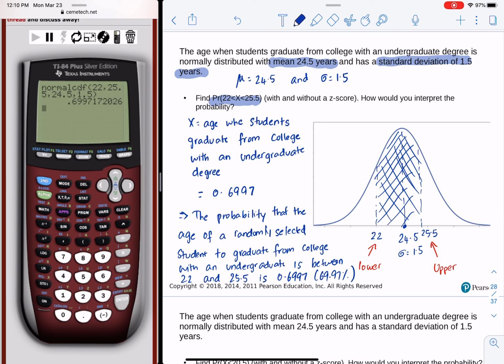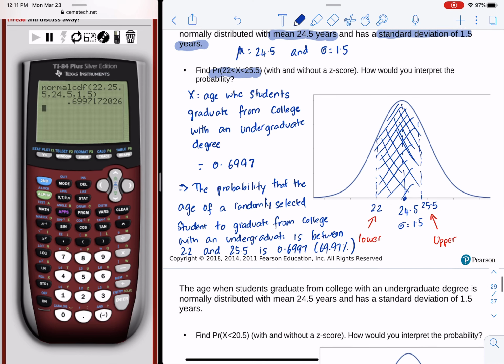There are multiple ways to interpret this probability. This is one way of wording it. Of course, there are other ways, and I'll try to go over all possibilities.